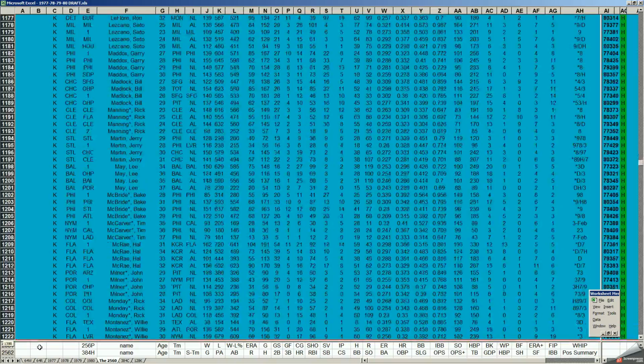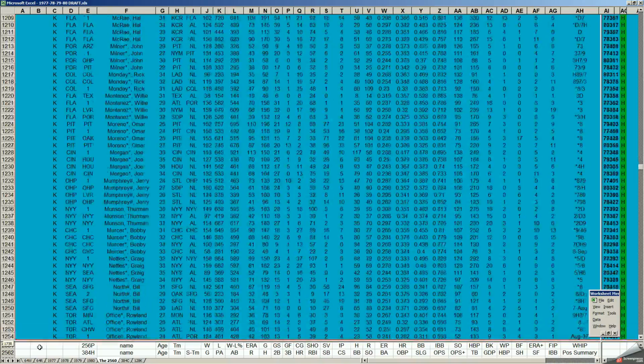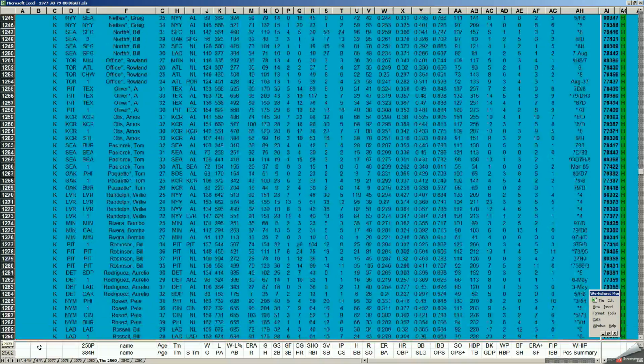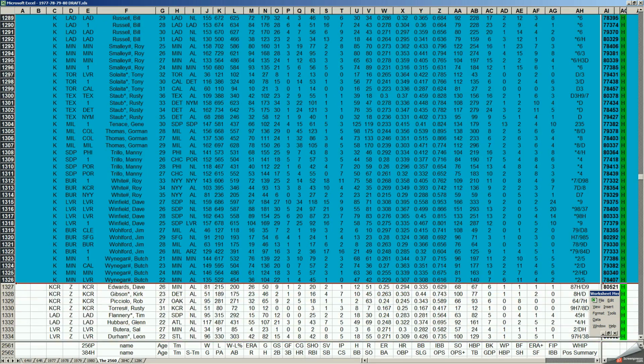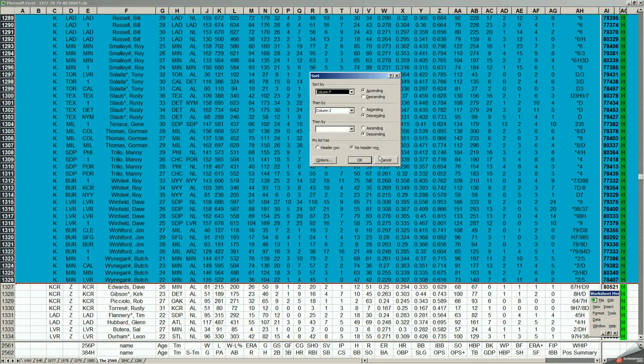So I'm going to do that again under the hitters: D in ascending order, F in ascending order, and Z in descending order.